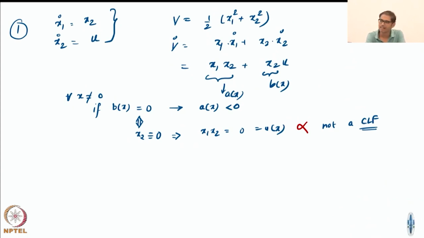What control would you give for this system to stabilize it? Minus x1 minus x2. This is the damper, the spring mass damper. Go back to spring mass damper. Remember a target system and try to match it. The target system is spring mass damper, so I just give u as minus x1 minus x2.